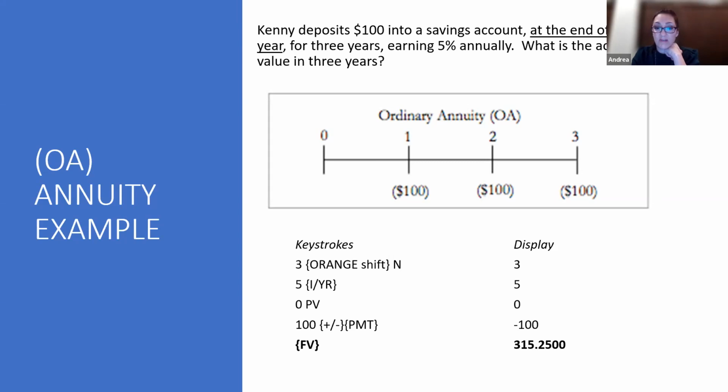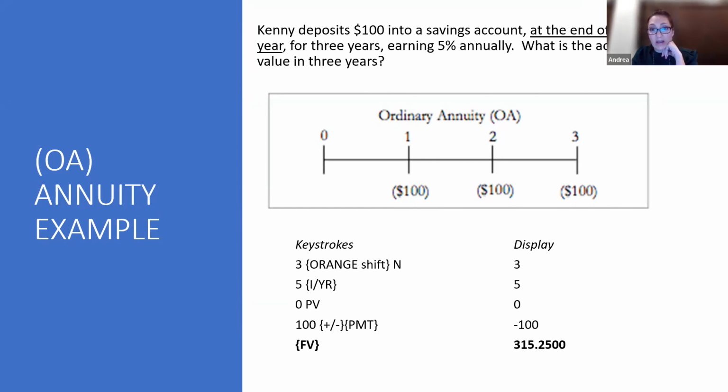What is the account value in 3 years? We've already done a future value question, but in this particular case, there is a payment being made. You haven't input payment yet, but we're going to be doing these keystrokes in a minute. So this is really just an example for you to look at.